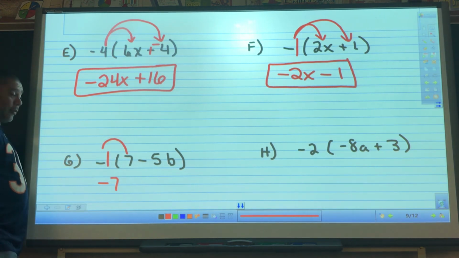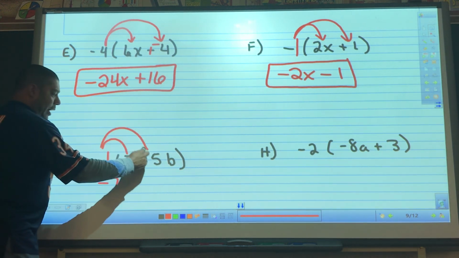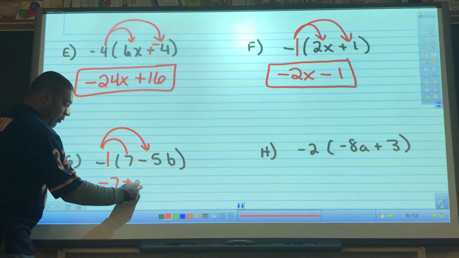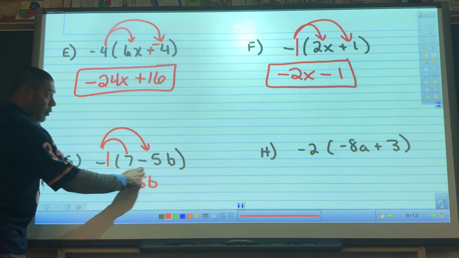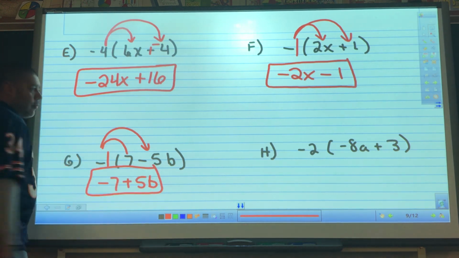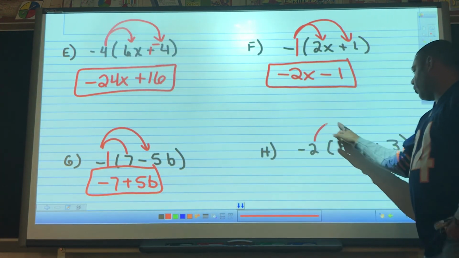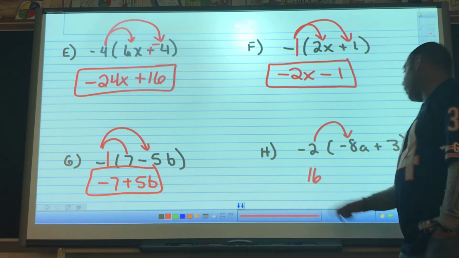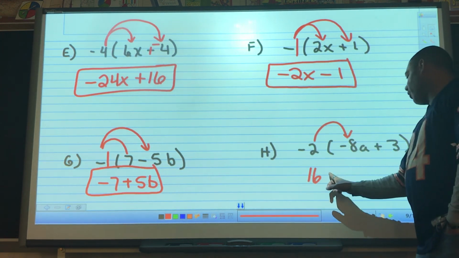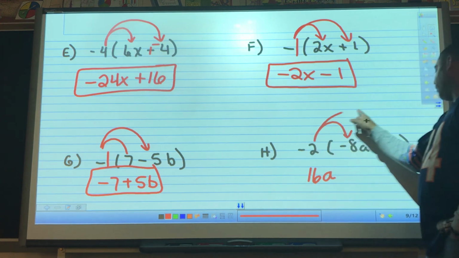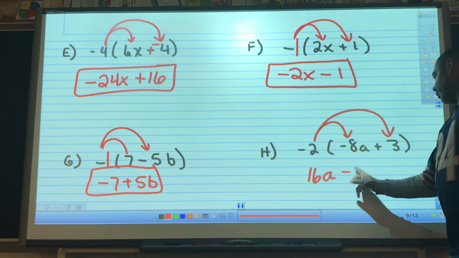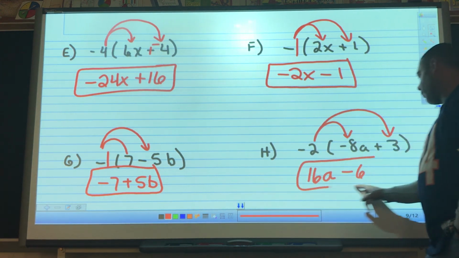Here's where most people make the mistake. Negative times a negative equals a positive. And the last one, negative 2 times negative 8a is positive 16a. Negative 2 times 3 is negative 6. And that'd be it.